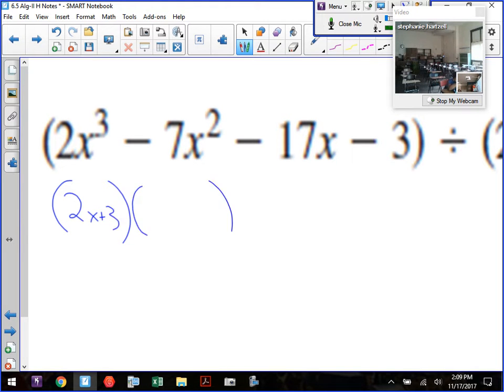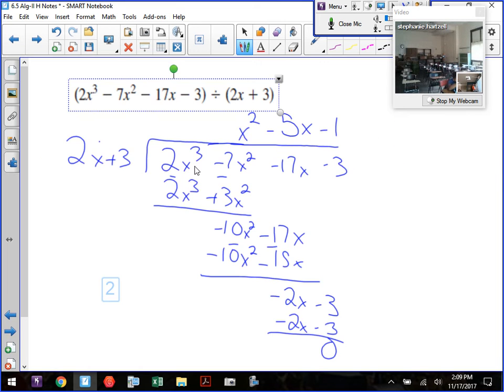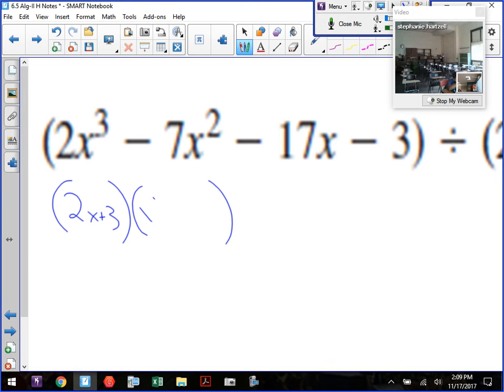And what were we left with again? x squared minus 5x. Now, what you're able to do is you actually factored out a 2x plus 3 because your remainder was 0.